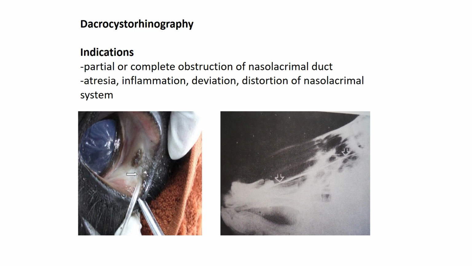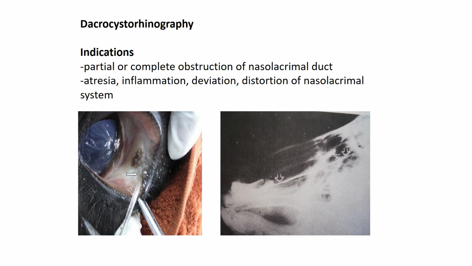Procedure: first of all, you should sedate or anesthetize the patient. Afterward, you have to cannulate the lacrimal puncta, which is located at the medial canthus, with a suitable sized cannula. Then you have to attach that cannula to a syringe containing the water soluble iodine contrast material.